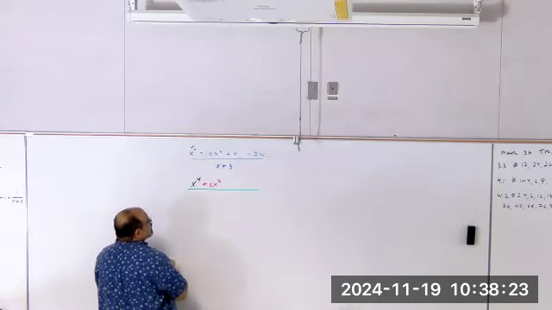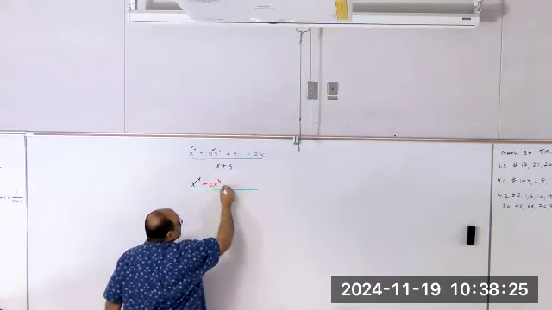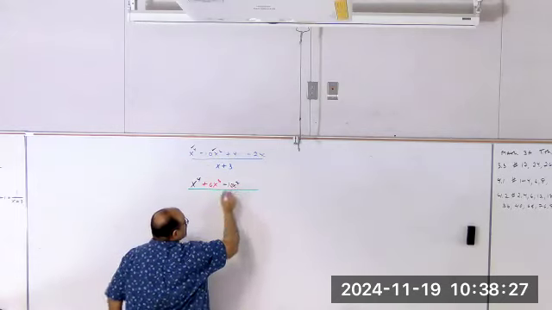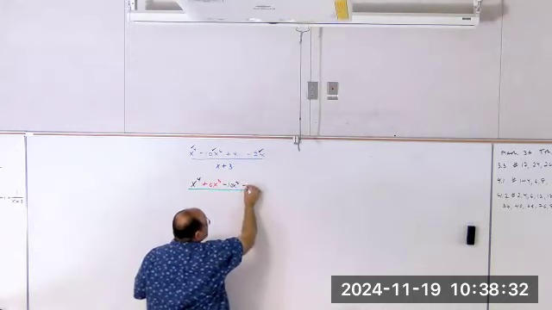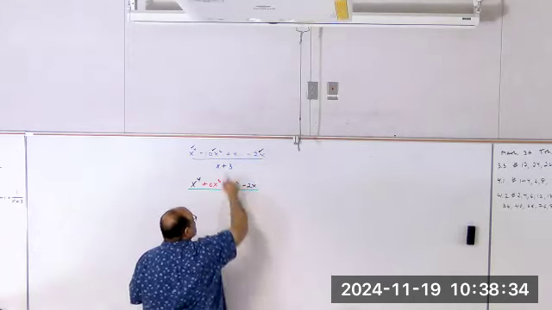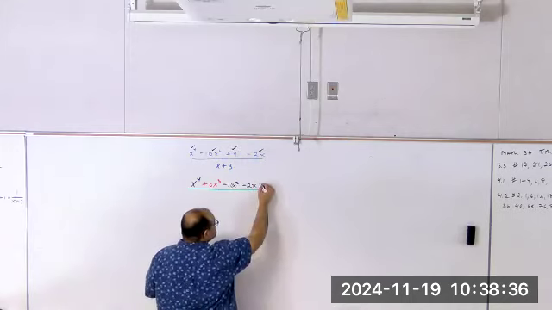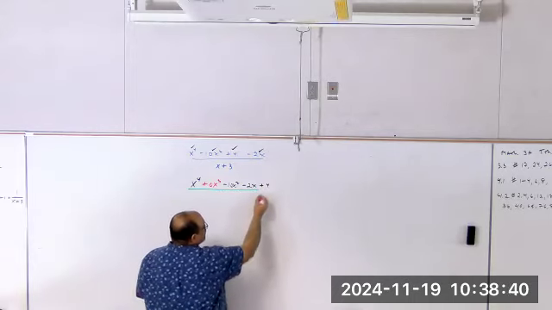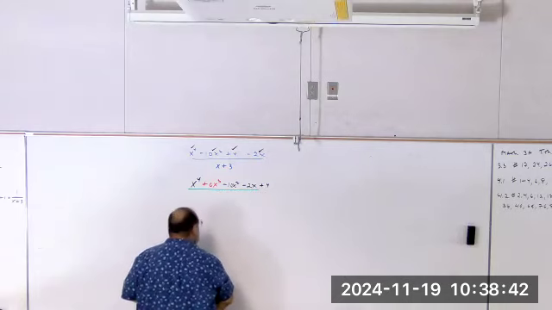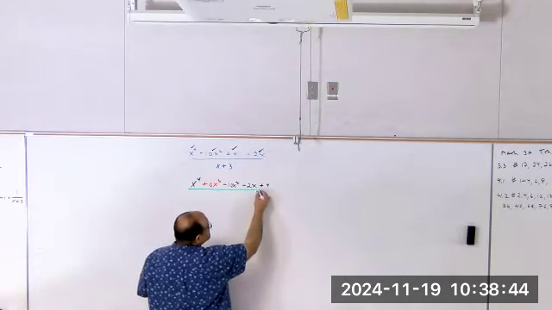And then x squared is negative 10x squared. And then x to the first is over here, minus 2x. And then your plus 4. So rearrange it if you need to, and replace it. Divided by x plus 3.